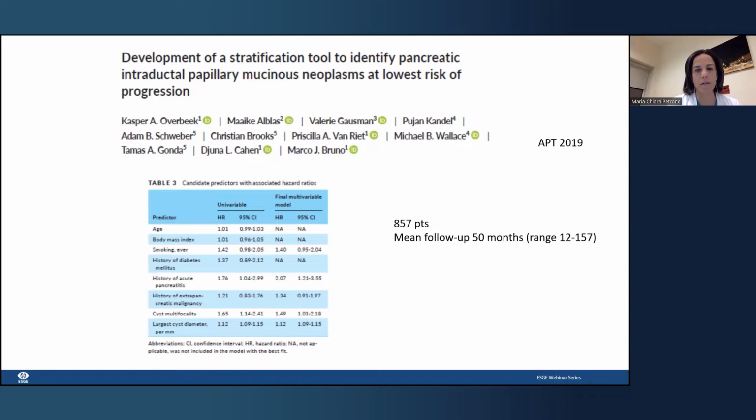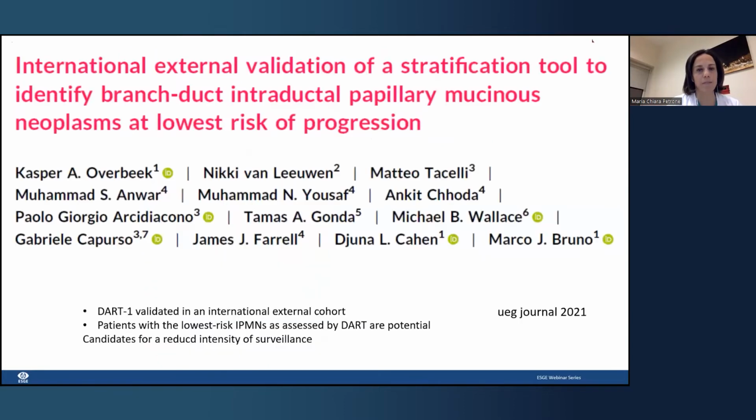The same prediction model has been validated by another international external cohort, reaching the same results. So probably this web application seems to be something that we could start using to identify IPMN at lower risk of progression, which may allow us a reduced intensity of surveillance.